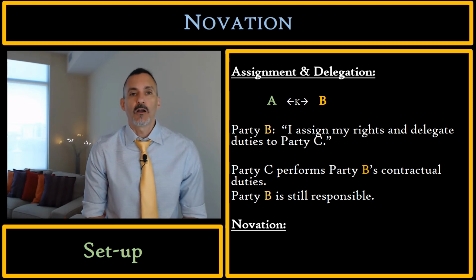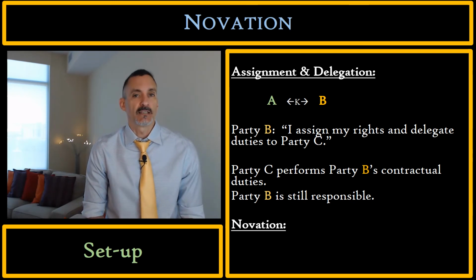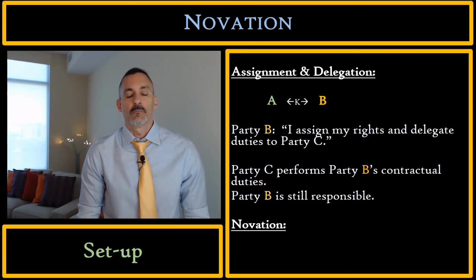But Party B is still a party to the contract. Party B is still responsible. So if Party C doesn't perform the contractual obligations, Party B is liable for breach. That is assignment and delegation. That's what we've talked about up to now.